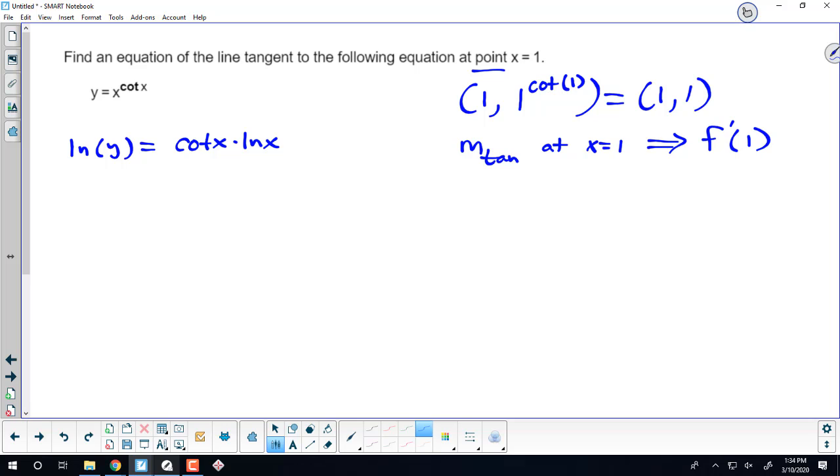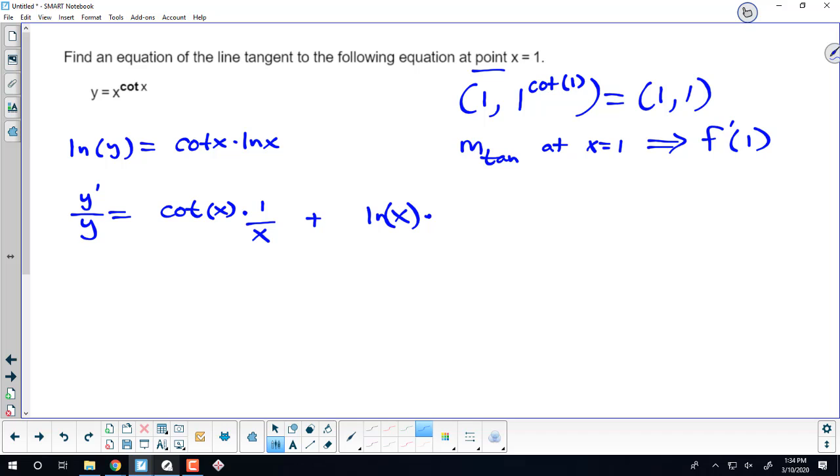Unfortunately, we still have a product rule on the right-hand side, but that's it. There's a product rule, there are no chain rules. Both of those arguments are just x. So take the derivative: y prime over y is the derivative of the first times the second, plus the first times the derivative of the second.